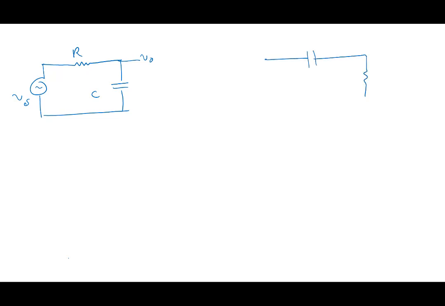All right, let's continue. Last lecture, we said that let's look at these two circuits here, R and C and V0, and let's apply Vs here. That's one circuit, and the other one is C and R, Vs and V0 here.